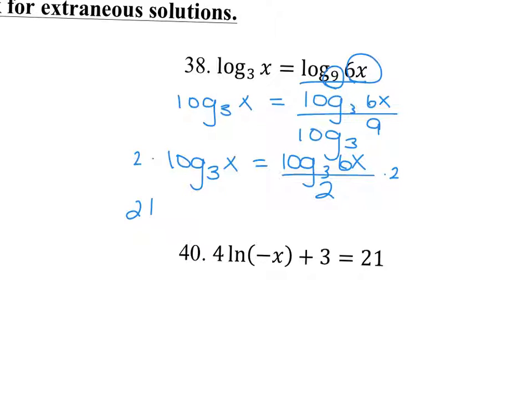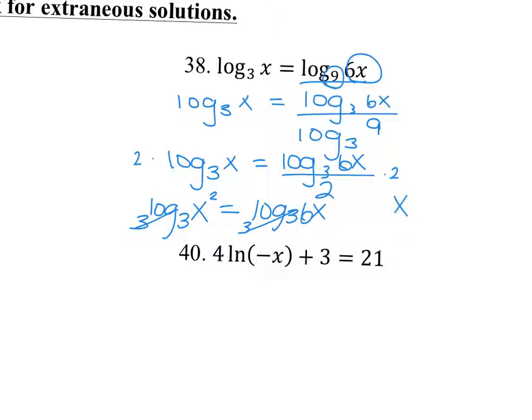I have 2 log base 3 of x equals log base 3 of 6x. So if I take that 2 and make it an exponent, my logs can now be raised to a power, and your base can be 3.